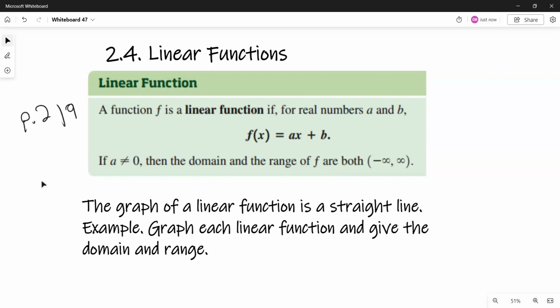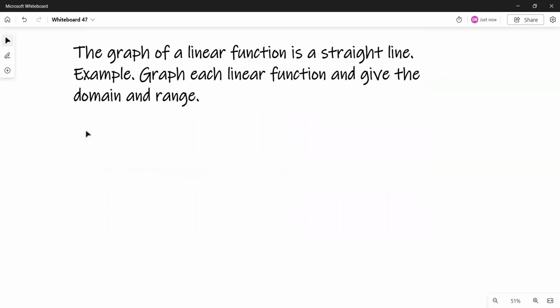If a is 0, if you have f of x equals a single number, the range is going to be the single value b. So the first function, let's call this number 1, is f of x equals the opposite of 4/3 times x plus 4.